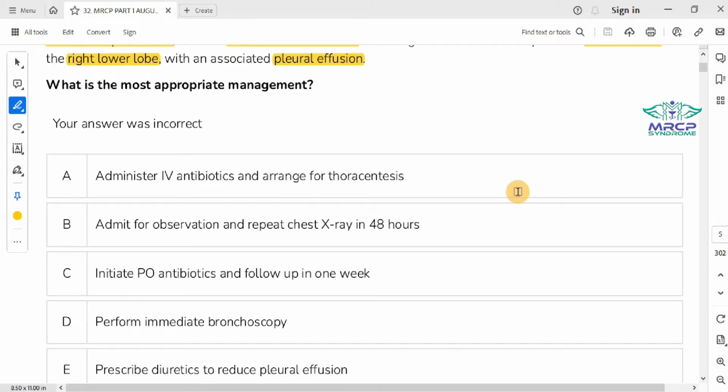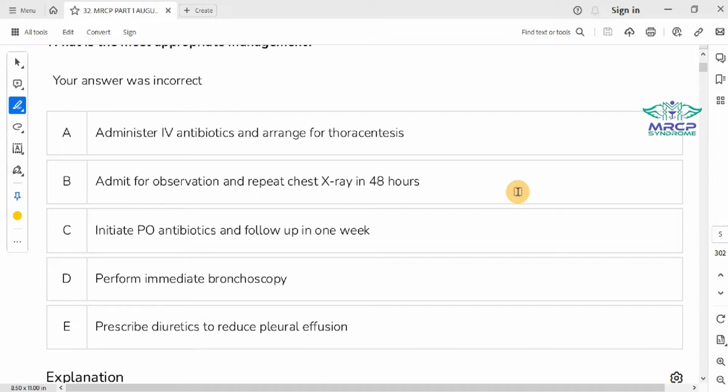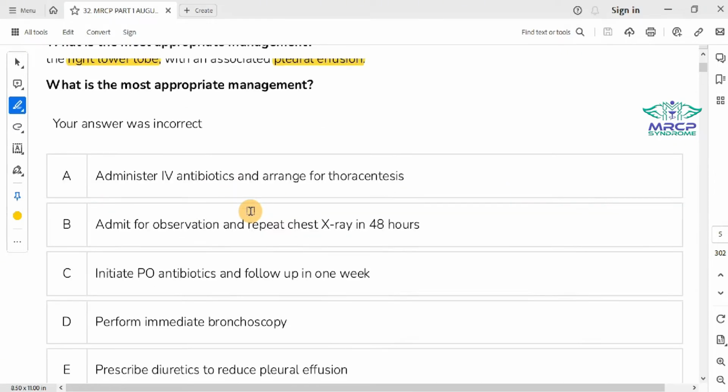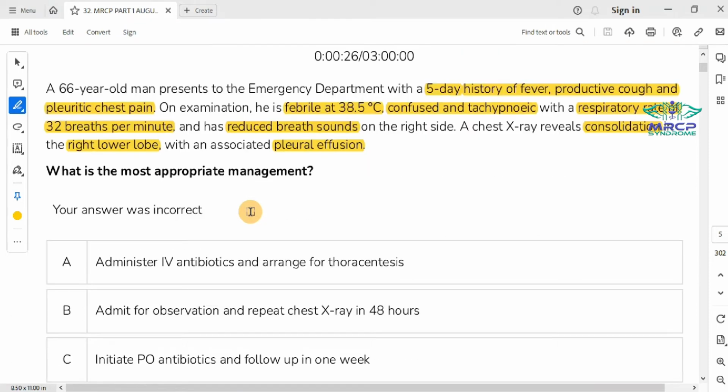Administer IV antibiotics and arrange for thoracocentesis, admit for observation and repeat chest X-ray in 48 hours, initiate oral antibiotics and follow up in 1 week, perform immediate bronchoscopy, or prescribe diuretics to reduce the pleural effusion. This is administer IV antibiotics and arrange for thoracocentesis.